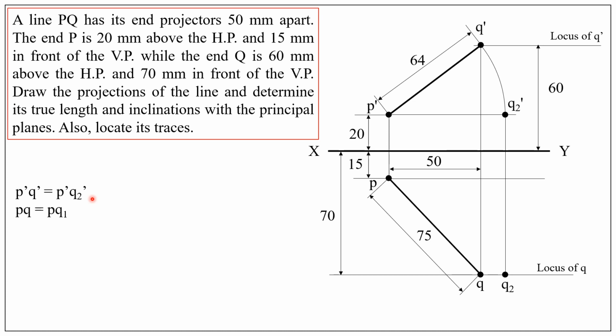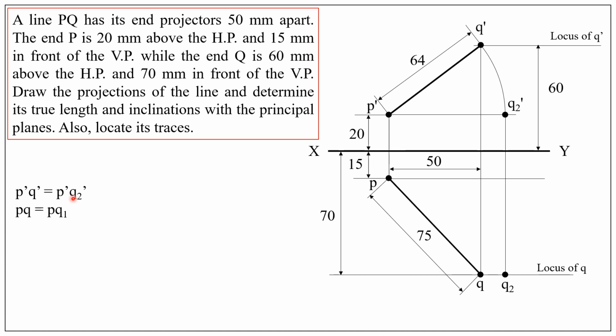So what is this P dash Q2 dash? P dash Q2 dash is the front view corresponding to the top view of the line drawn assuming the line is parallel to HP. So the top view of the line is PQ2.